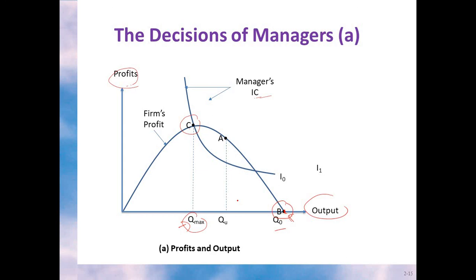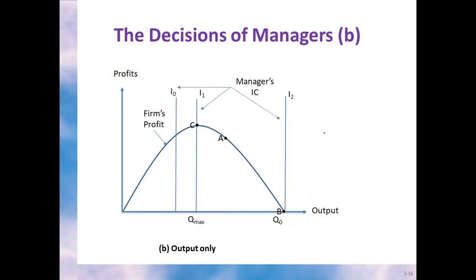In this case, if managers want to maximize output only, you target output only. If you look at the indifference curve here, it becomes vertical because we want to show the intersection just now.